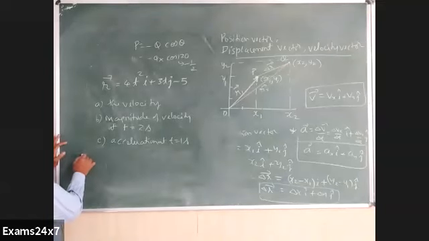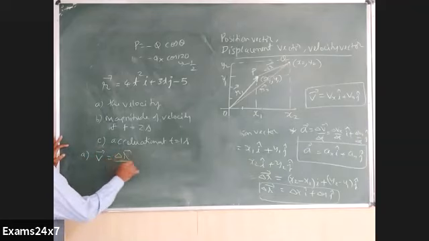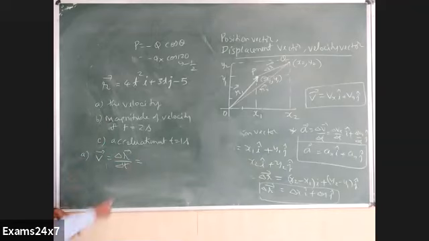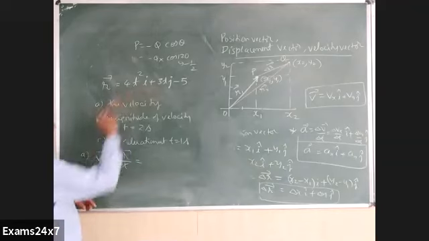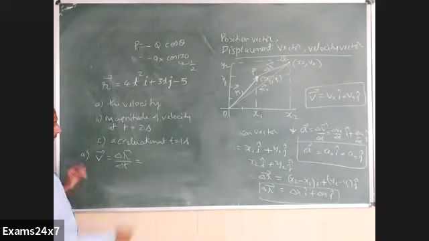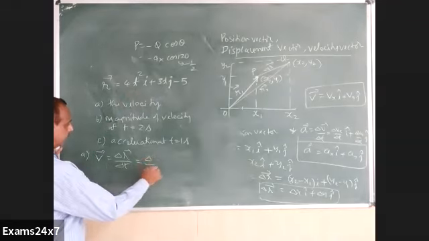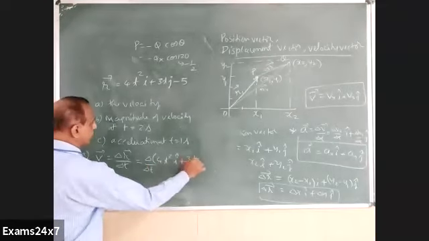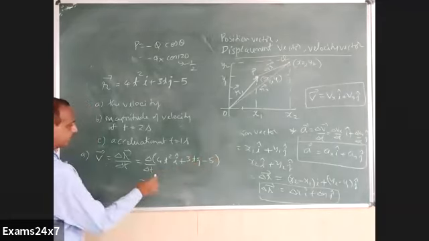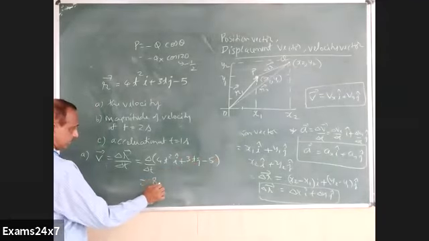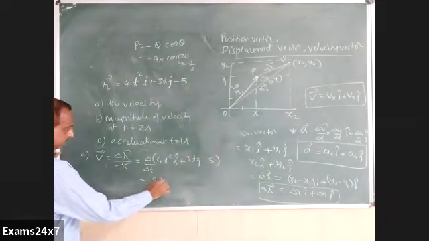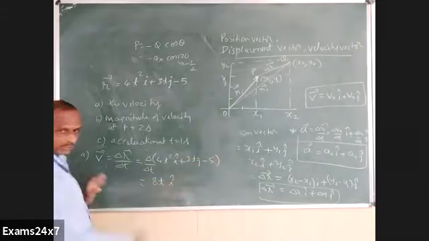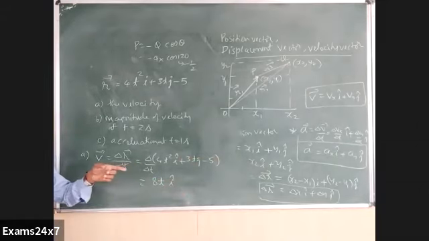First one, how do you find this velocity vector? Just differentiate the given position vector equation R. What is del by del t of 4t square i plus 3t j minus 5? 8t i, correct. Next, second term.